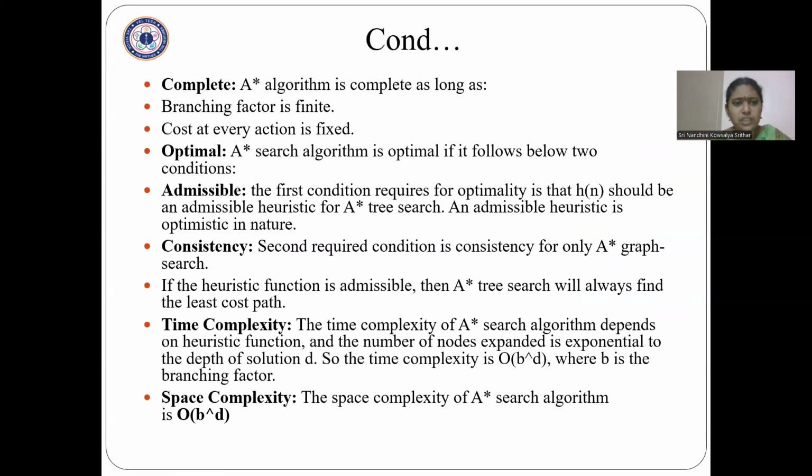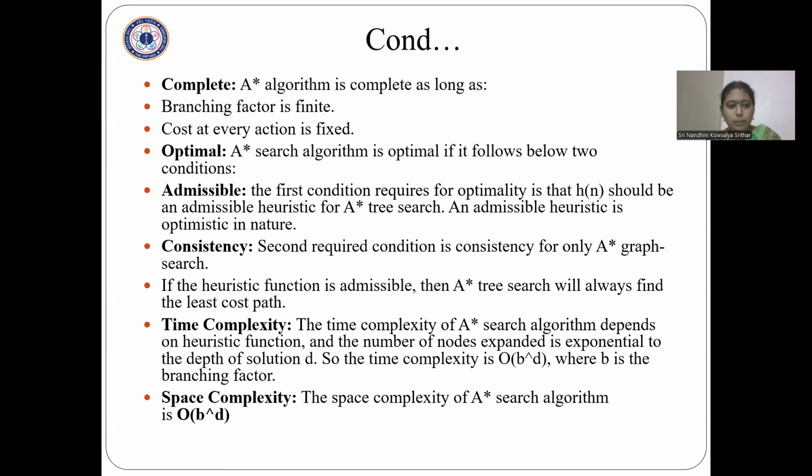The properties of the A star search algorithm. Completeness: it is complete because the branching factor is finite and the cost of every action is fixed. Then optimality. It will be optimal based on the below two conditions. The first one is admissibility. It is the first condition required for optimality, that is, the heuristic h of n should be an admissible heuristic for A star search.